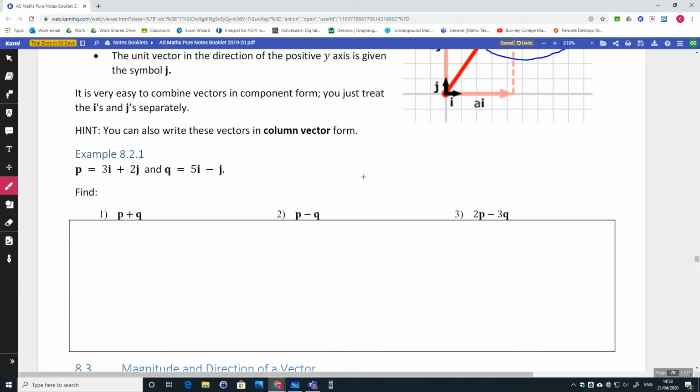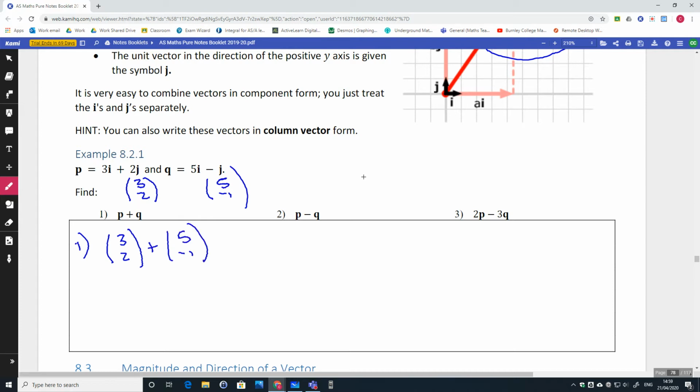So all we're going to look at on this example is how to add and subtract vectors. So we've got this vector here, which is (3, 2). I'm going to write them as column vectors because I think it just makes more sense in terms of the calculations. So when we are doing p + q, we are doing (3, 2) + (5, -1).